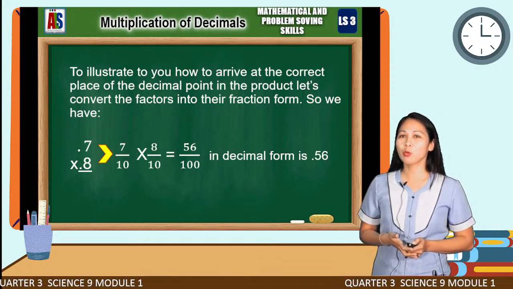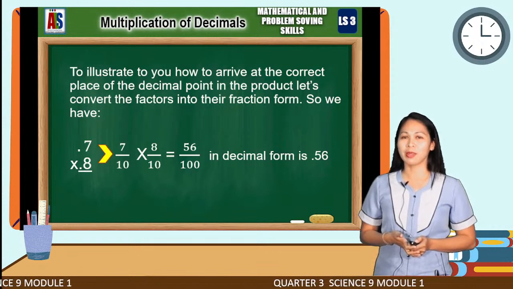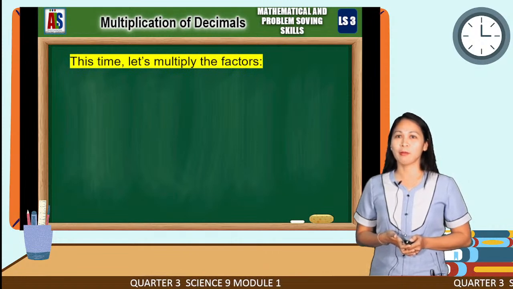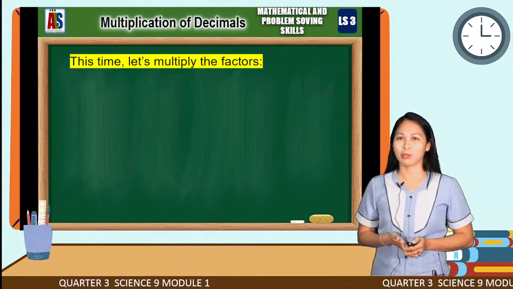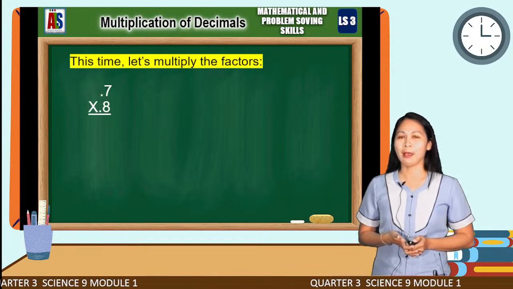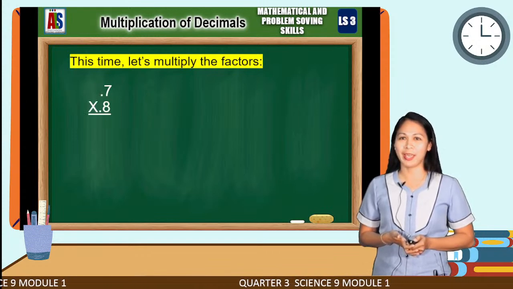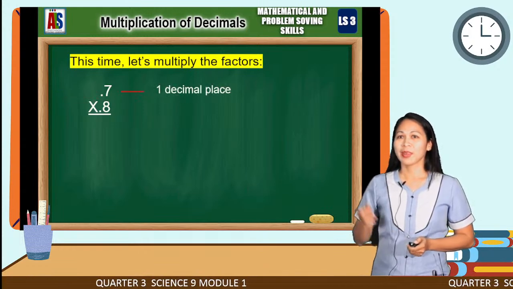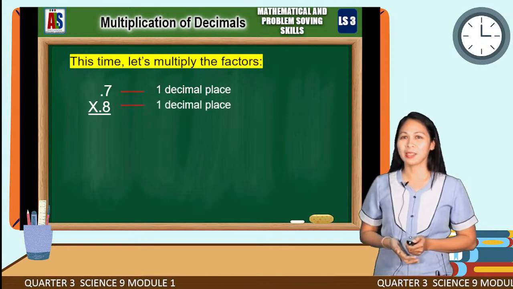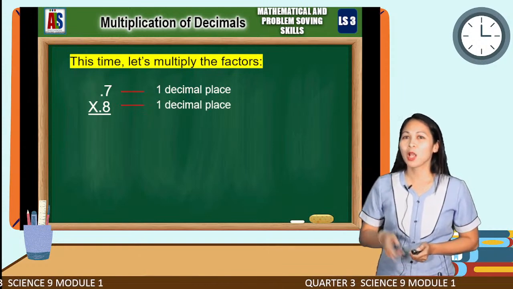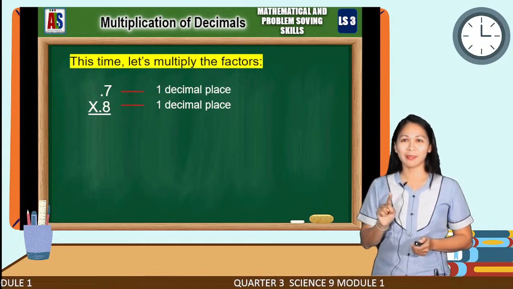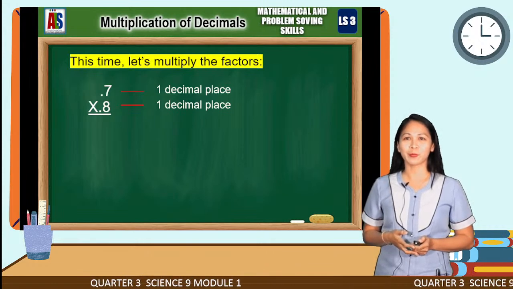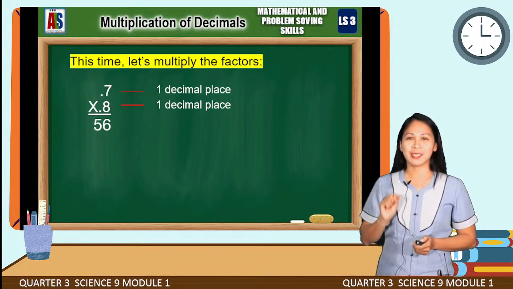Now, another way of finding the product of decimal numbers is by using a short method of multiplying the factors. Okay, so we have 0.7 times 0.8. 0.7 has one decimal place and 0.8 has one decimal place. A total of 2 decimal places, right? When we multiply 8 times 7, that is equal to 56.